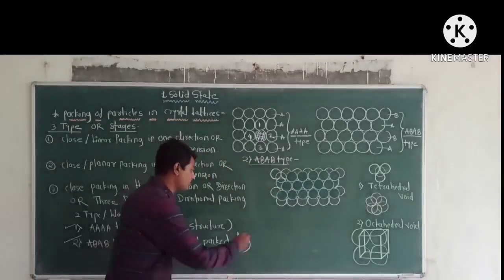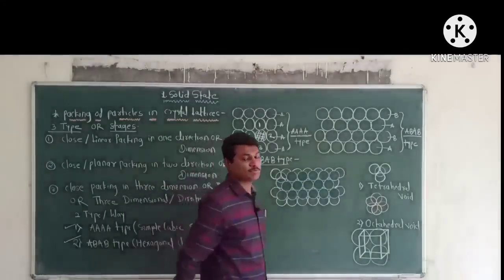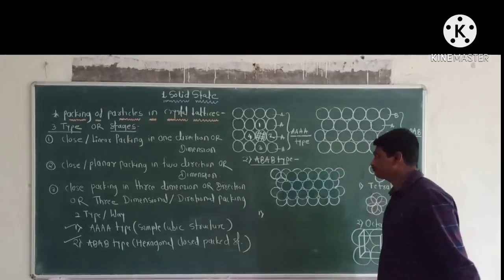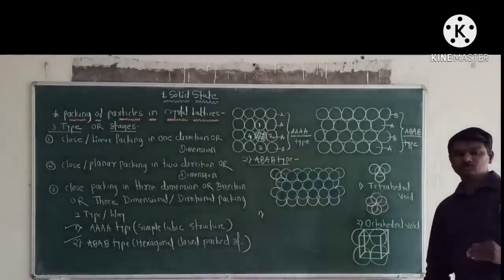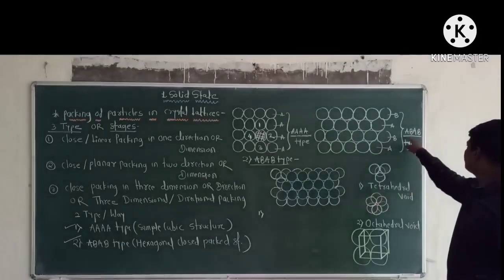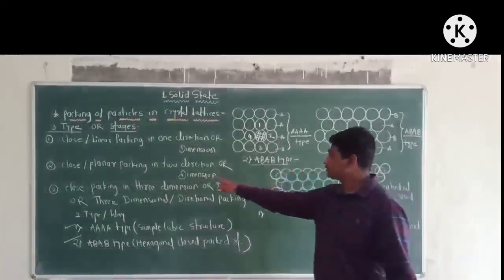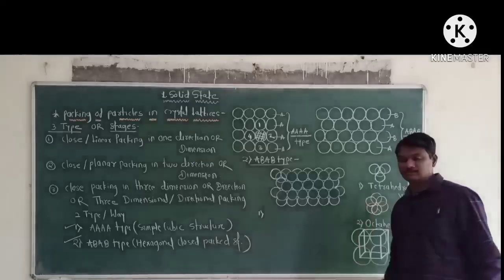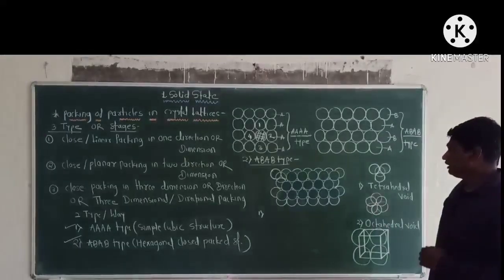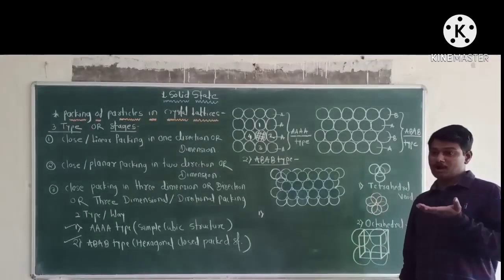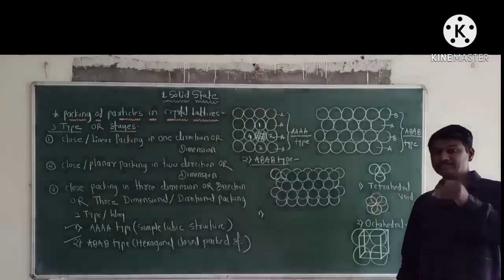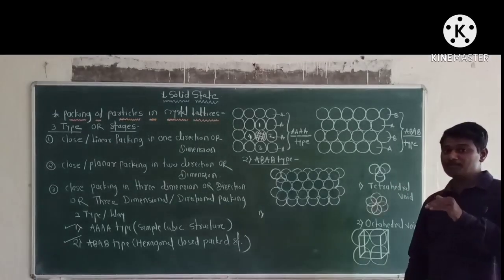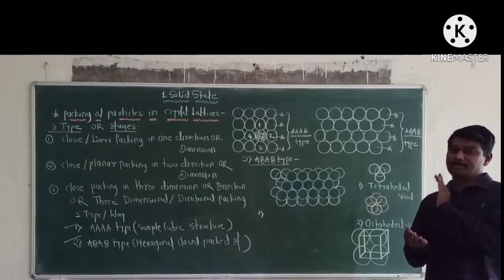Now first point, this type of packing is made when the layers of constituent particles of AB type two dimensional packing are placed over each other in such a way that the constituent particles of the above layer are placed or fitted between the depressions of the lower layer of constituent particles.